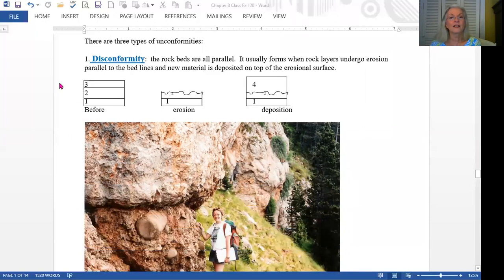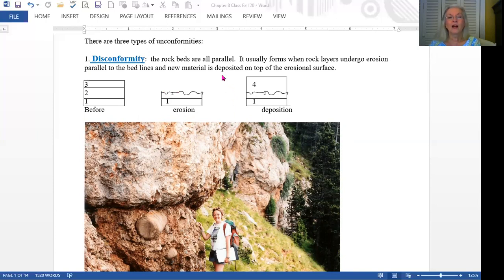They always occur at surface level, and we have three distinct types. The first is a disconformity. A disconformity is just a place where a layer, or more, has disappeared. So if we start out with three rock layers, 1, 2, and 3, and I come in with my bulldozer and I take away all of number 3 and half of number 2, it looks like this. Notice the wavy line.